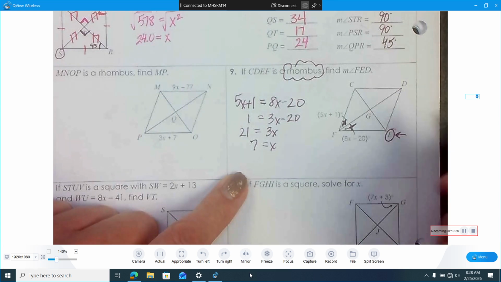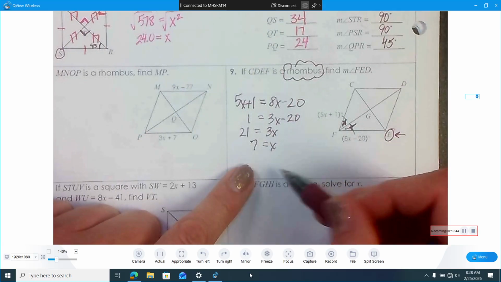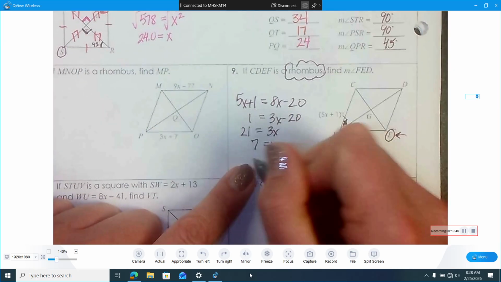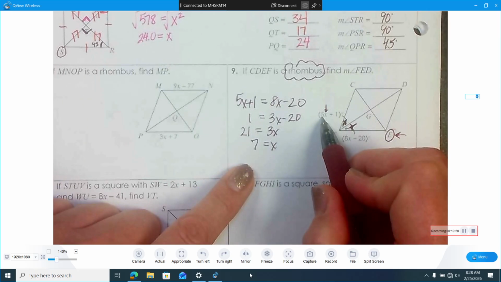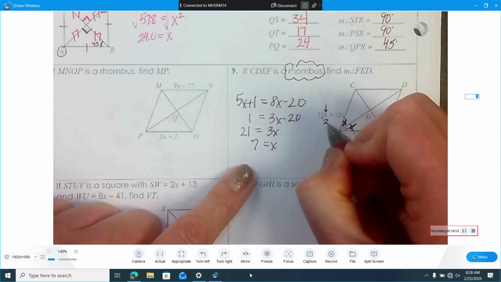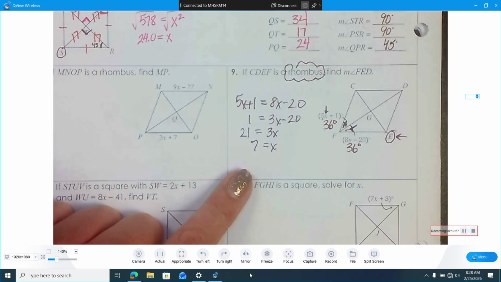And how do we figure out that whole angle FED? Plug in your 7. So I'm going to plug in my 7 right there. 5 times 7 is 35 plus 1 is 36 degrees. So both of these should be 36 degrees.